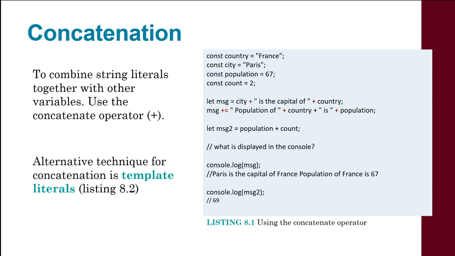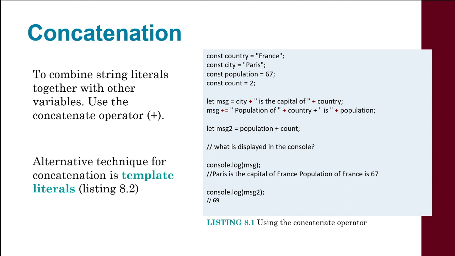The way they're doing that is saying let this variable called message be set equal to the variable city, so that's going to be Paris, plus this other string of, you've got to remember your spaces in there, space is the capital of space and your quotation marks, plus country. So what that's going to say is Paris is the capital of France. So they've built this whole new sentence using the variables already there.